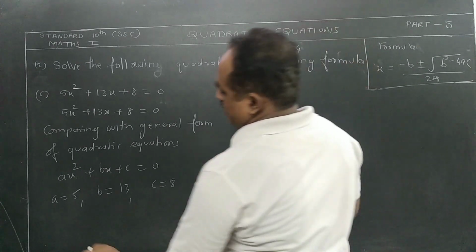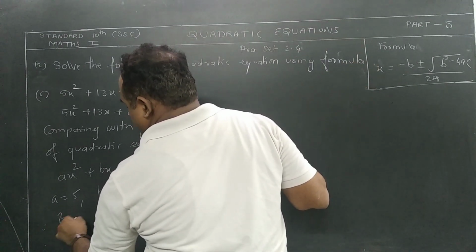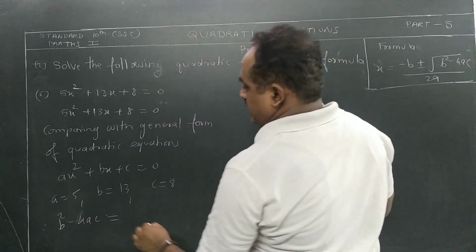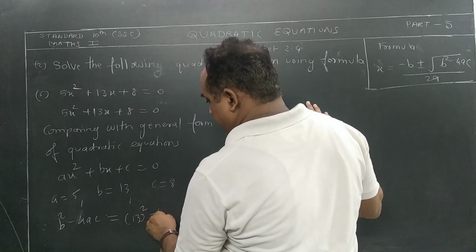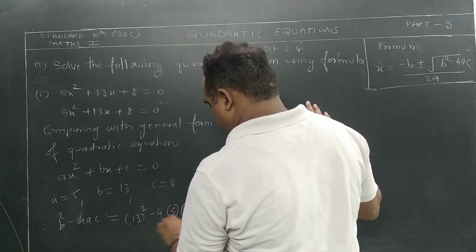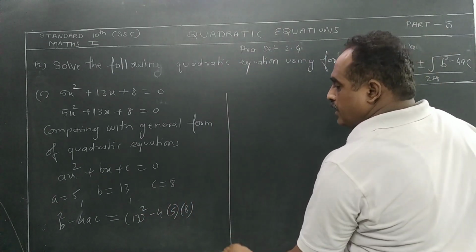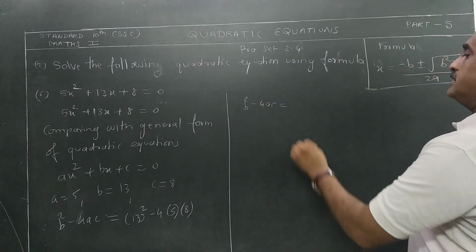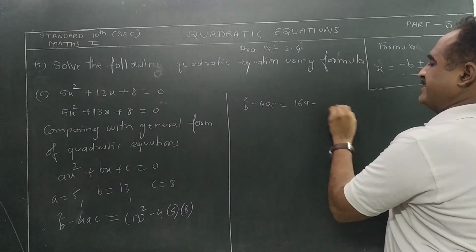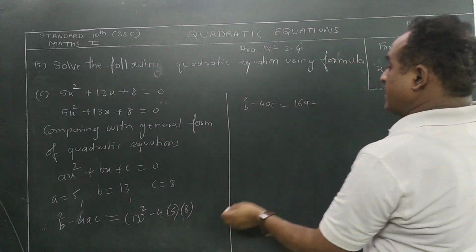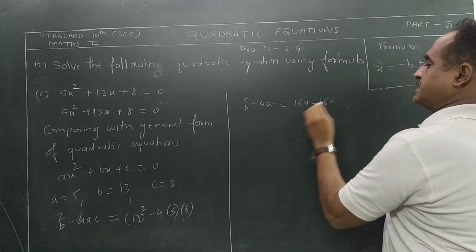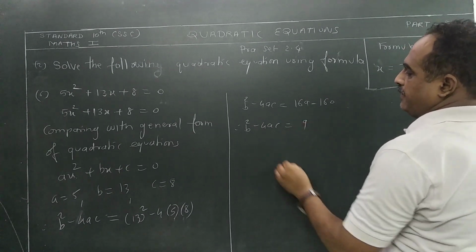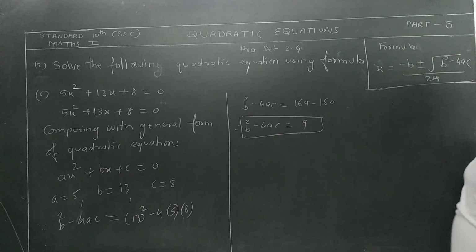So we are going to find out the value of b square minus 4ac. What is the value of b? 13 square minus 4 into 5 into 8. So b square minus 4ac is equal to 13 square is 169 minus 5 4s are 20, 20 8s are 160. Therefore b square minus 4ac is 9.